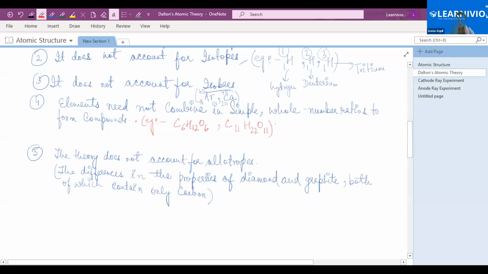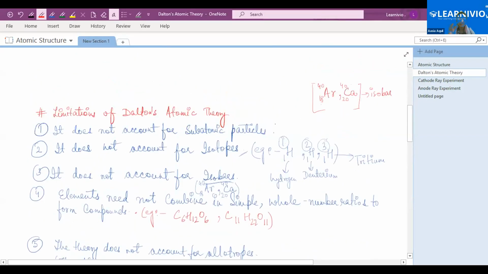This is a limitation of Dalton's theory, because he said elements can combine only in a simple whole number ratio to form compounds. But there are some exceptions, like certain complex organic molecules, which do not combine in a simple whole number ratio. So this is the fourth limitation.